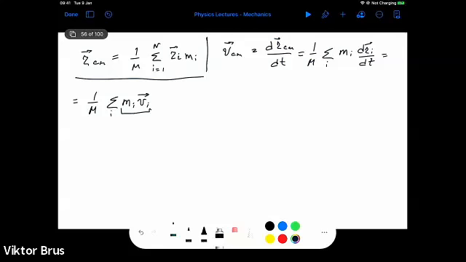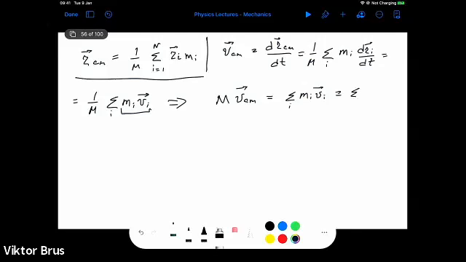And this is nothing else than the linear momentum of each body. That's why from here we can write that the product of total mass and the velocity of the center of mass is equal to the sum of all linear momenta of all bodies which are involved in the system, an isolated system of many bodies.